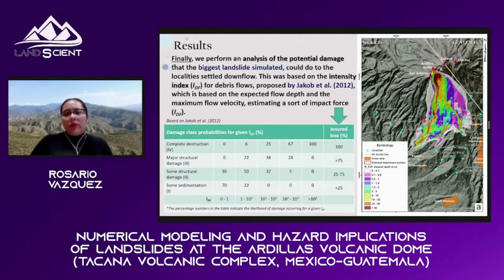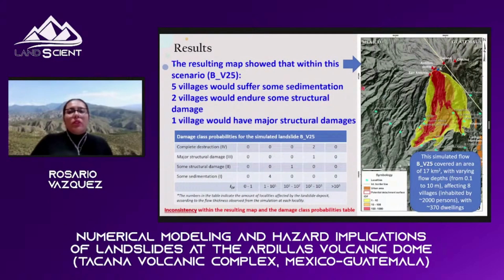They're in pale blue. And we obtain a map for the intensity index that we represented on a color scale from yellow to red.